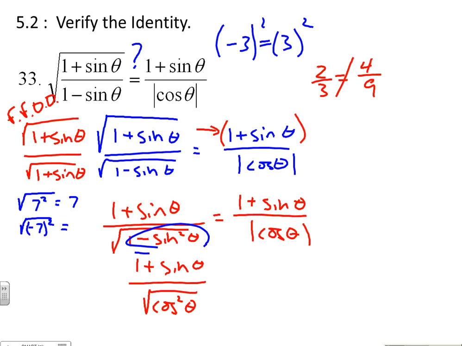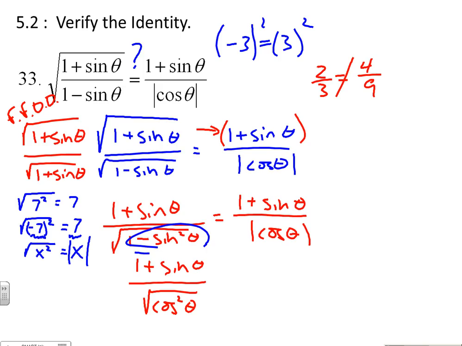Isn't that also 7? So to say that square root of x squared is x is really not true, because in this case, square root of -7 squared is not -7. So square root of x squared might not be x if x is a negative number. If x is a negative number, square root of x squared is the opposite of x, or the absolute value of x.